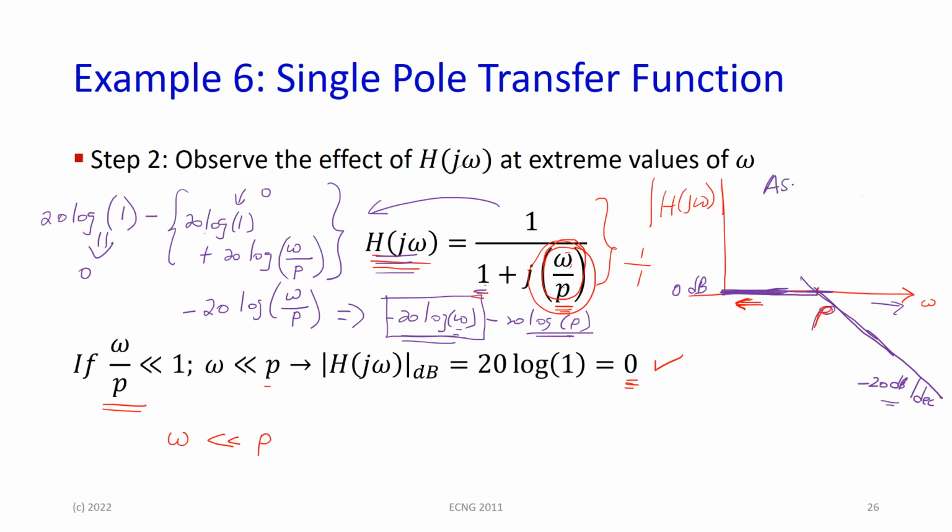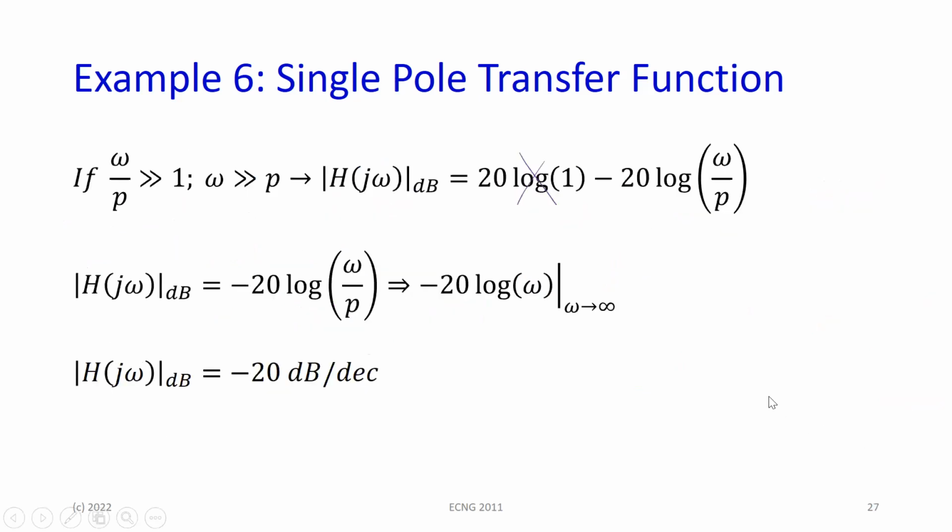You remember an asymptote is just a straight line approximation. Asymptotic plot, right, for this transfer function is 0 up until P, and once it's greater than P, it decreases at minus 20 dB per decade. Right, which is what we're saying here.